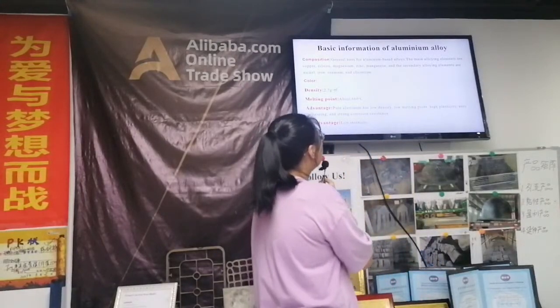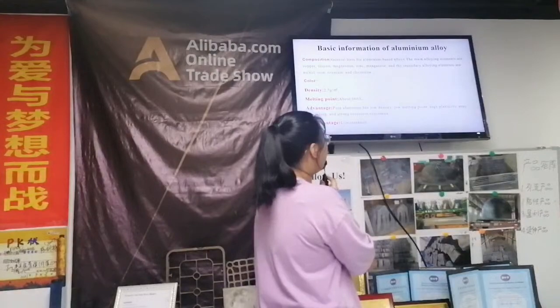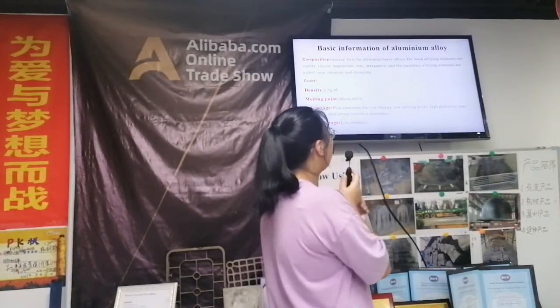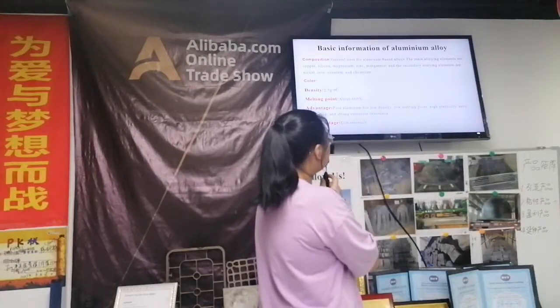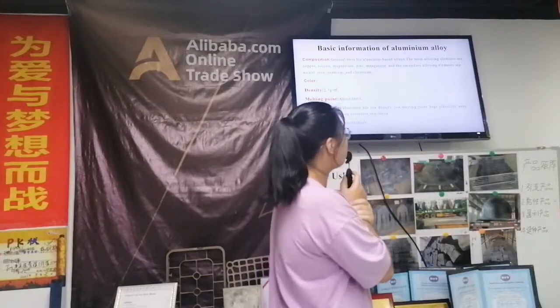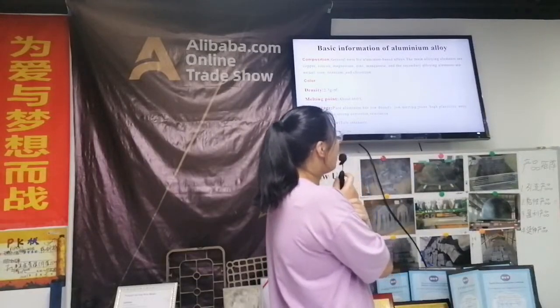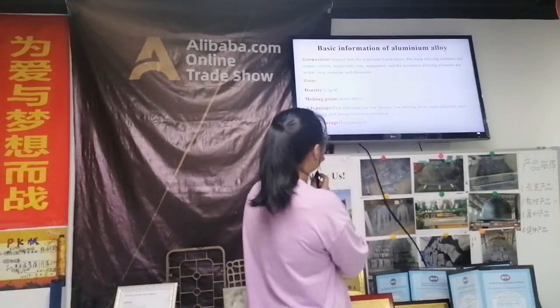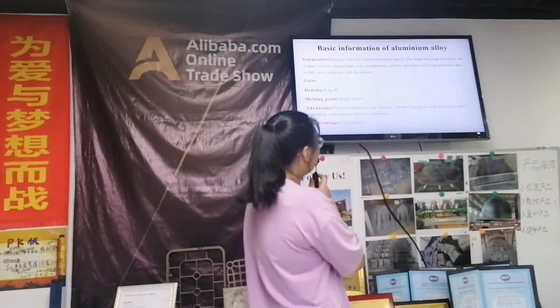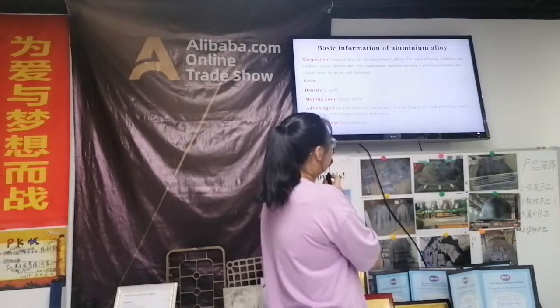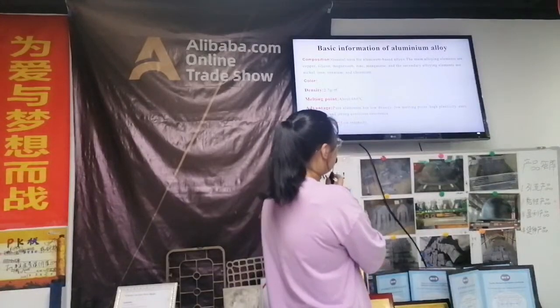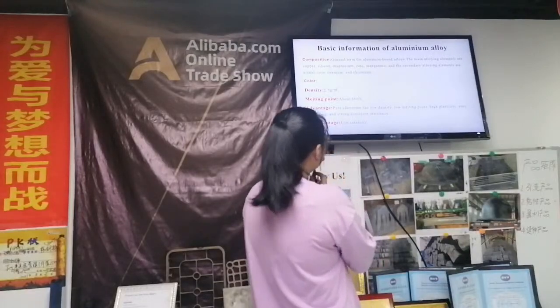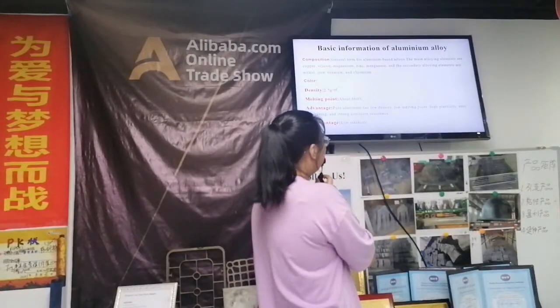The first thing, basic information for aluminum alloy. Composition: general term for aluminum-based alloys. The main alloy elements are copper, silicon, magnesium, zinc, manganese, and the secondary alloy elements are nickel, iron, titanium, and chromium.